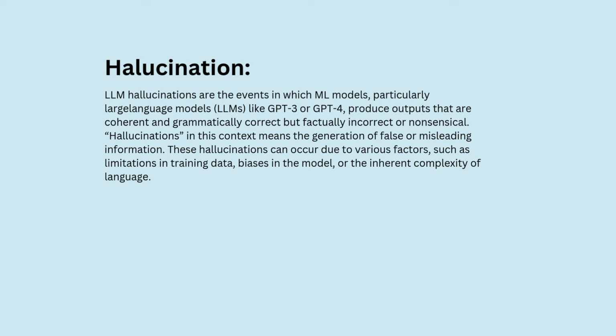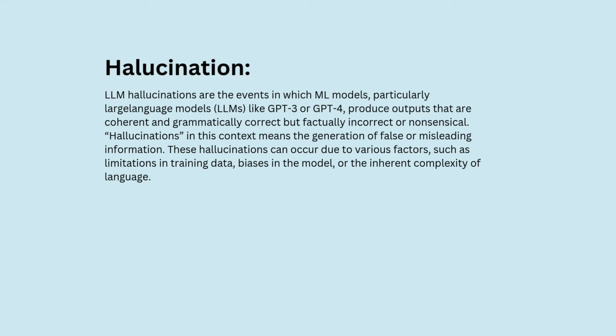LLMs can generate plausible-sounding but factually incorrect or nonsensical outputs, which poses risks in critical applications. Additionally, they are computationally intensive, requiring significant resources for training and deployment, which can limit accessibility. Ethical concerns also arise, including the potential for misuse in spreading misinformation, violating privacy, or amplifying harmful content. Addressing these challenges is essential to harness LLMs' potential responsibly and effectively.